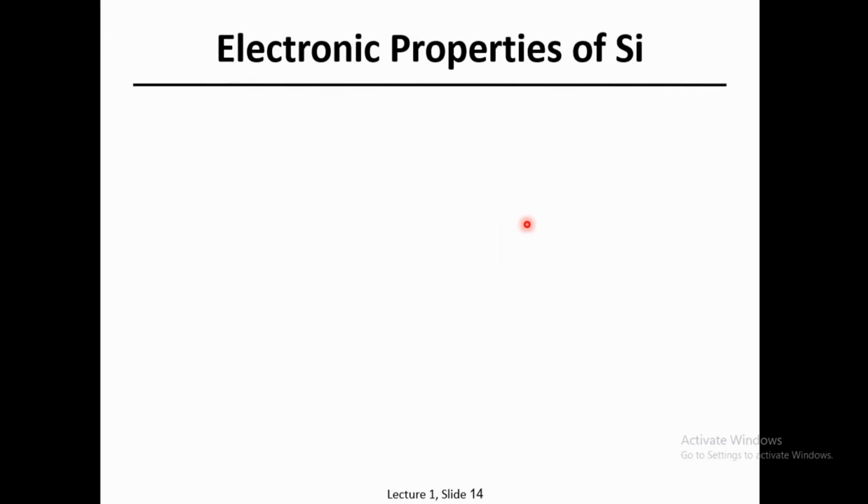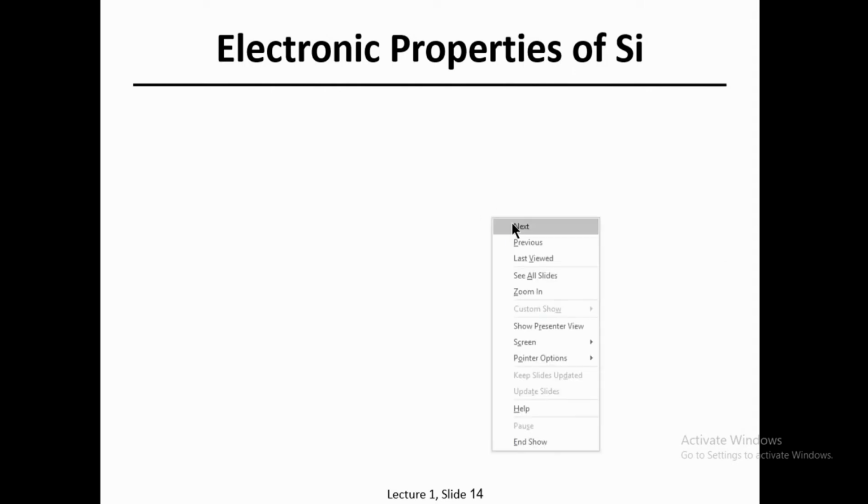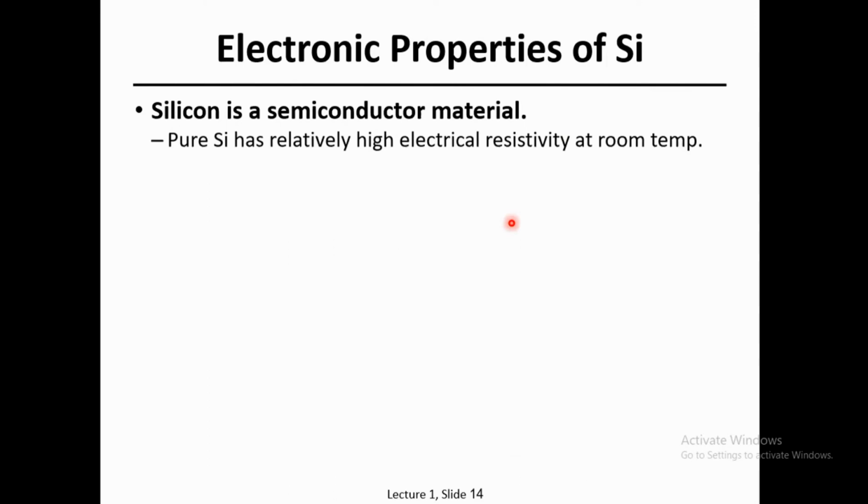Okay, electronic properties of silicon. Silicon, we say, is a semiconductor material. Pure silicon has relatively high electric resistivity at room temperature.